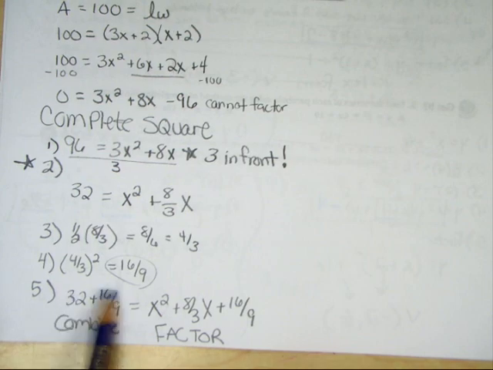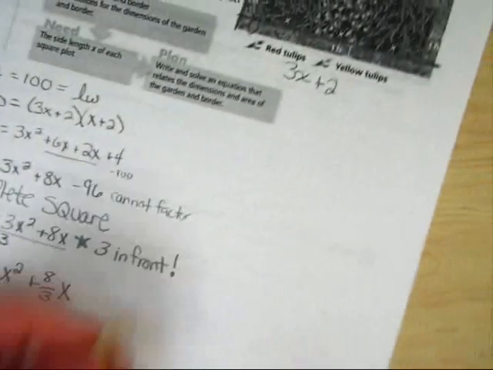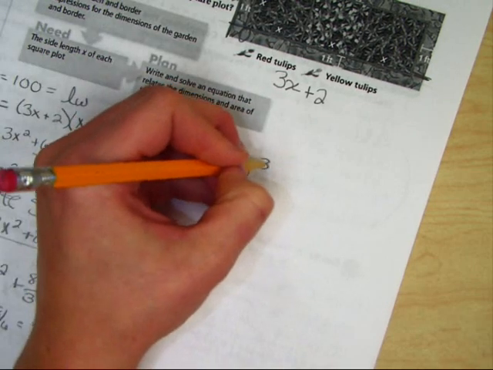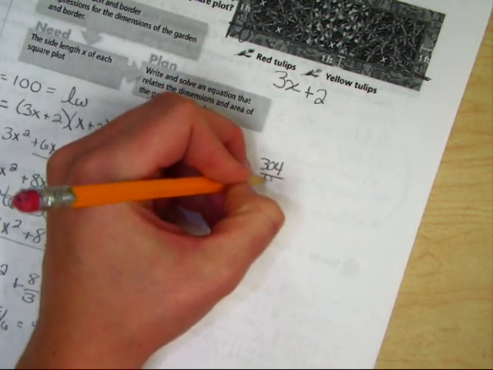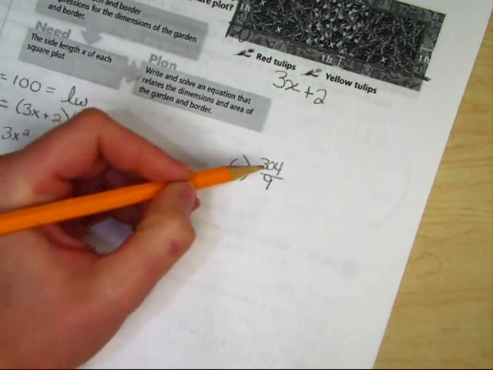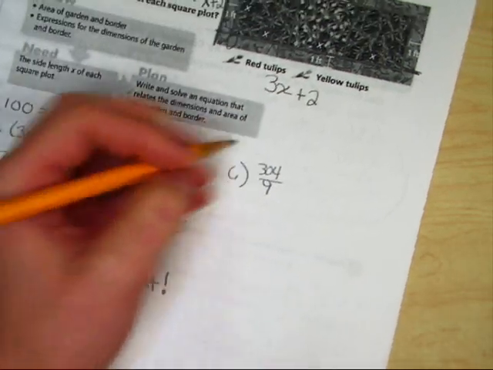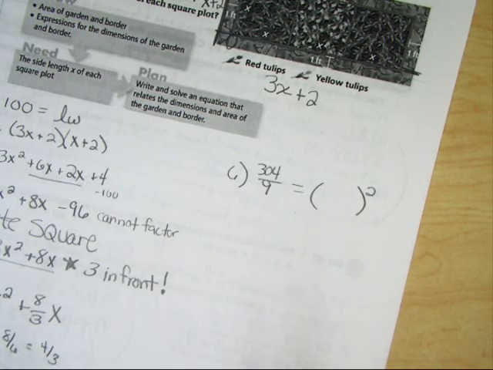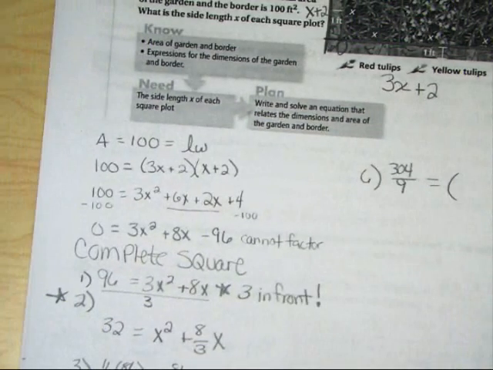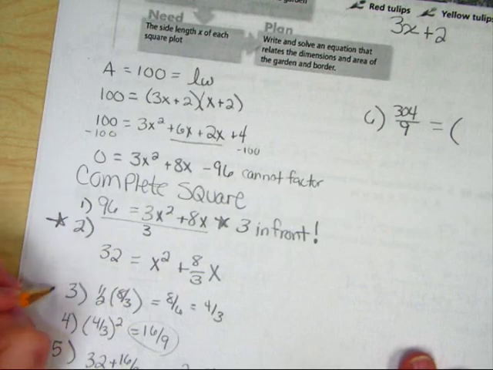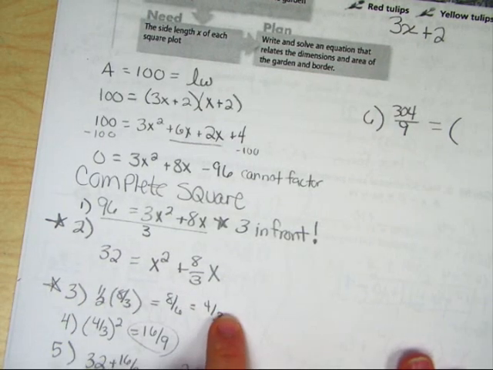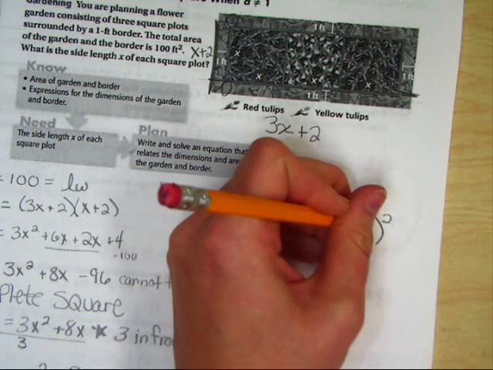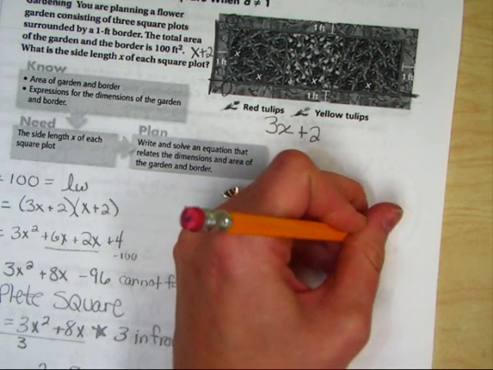32 plus 16 over 9, I'm going to go up here to step 6, makes 304 over 9. Do not make this a decimal yet. Equals this side squared. Now remember, there's always a step to help you with that, and this time it's from step number 3. It's right after you take half. So this is going to be x plus, from step 3, 4 over 3.